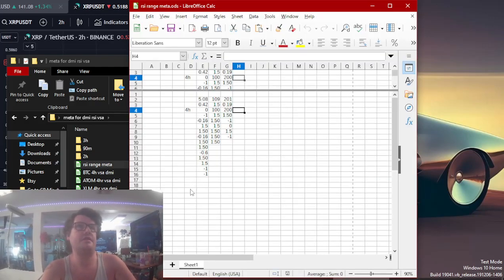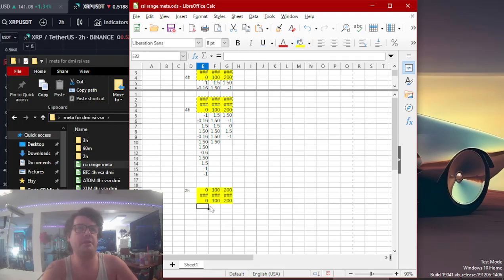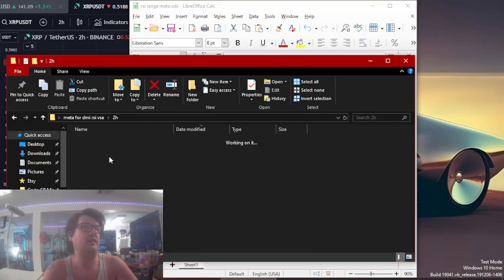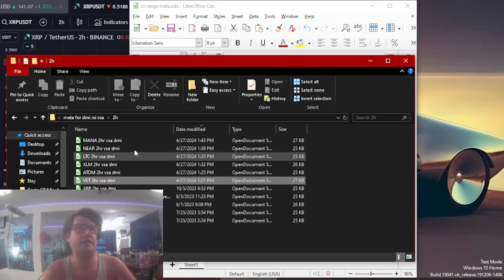So this is 2 hour. Let's do these. Let's make them a color. Alright, so this is where we'll put the zeros, the 100s, and the 200s to analyze them. So yeah. It's going to be all the ones that were modified today.